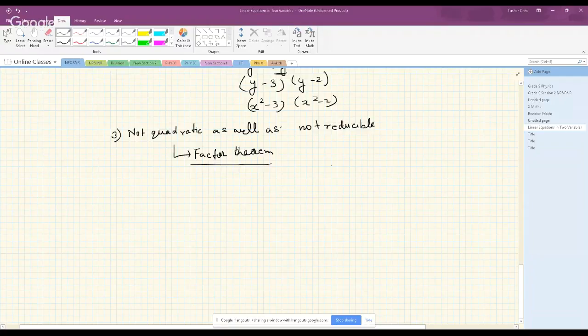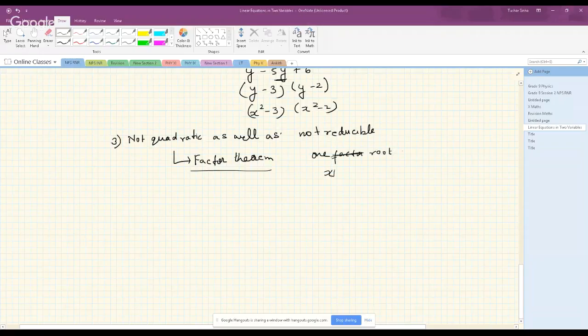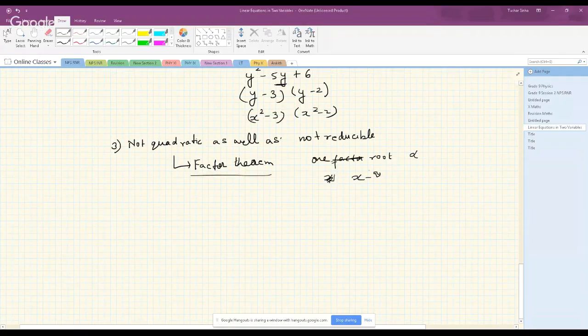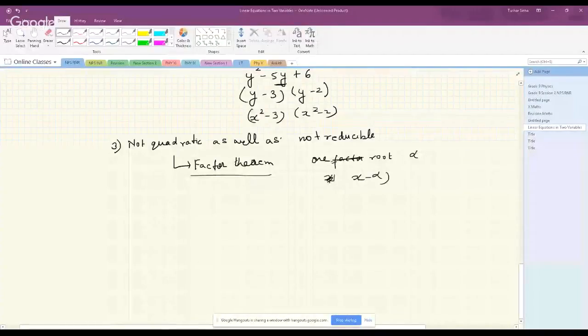The moment you get one root, let's say this root is alpha, factor theorem says x minus alpha will be a factor.